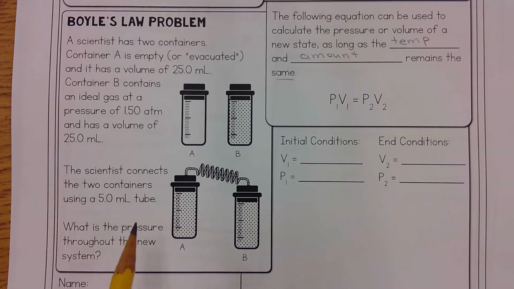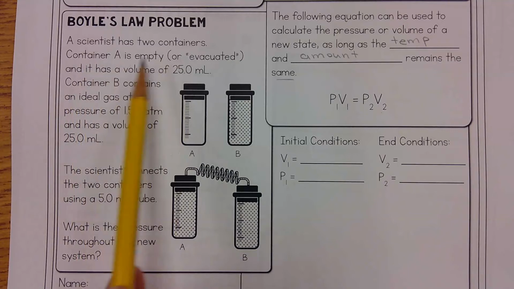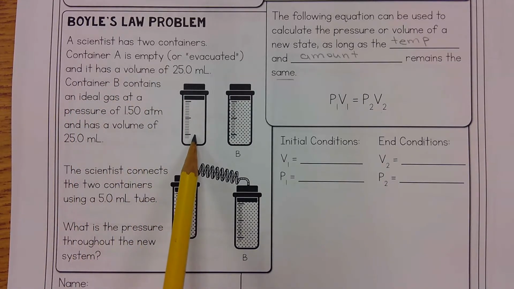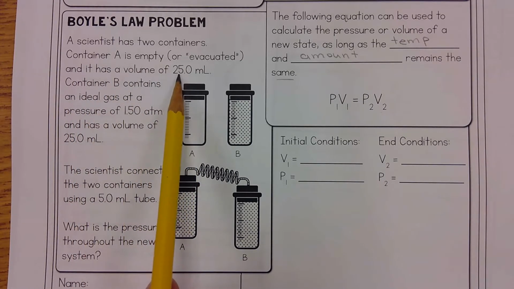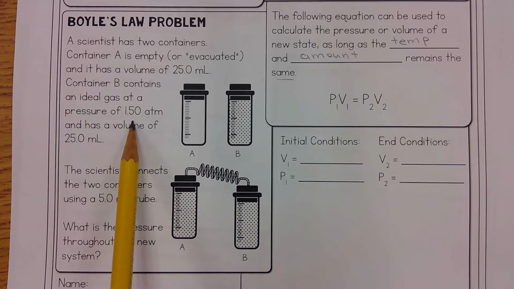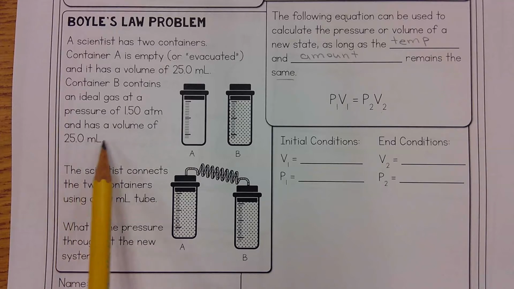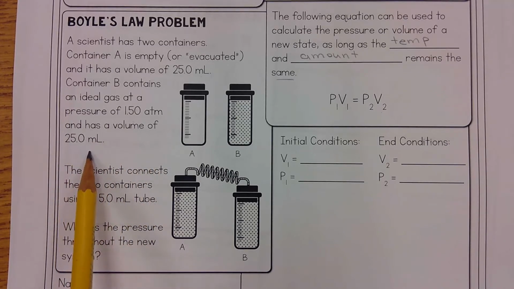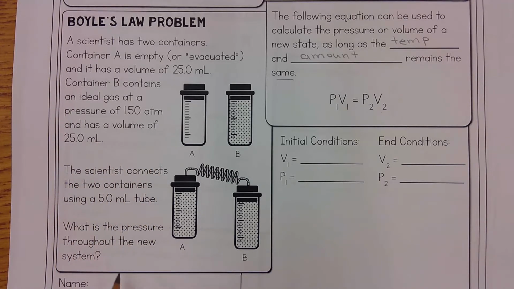Let's do an example. Here we have a scientist with 2 containers. Container A is empty and has a volume of 25 milliliters. Container B contains a gas at a pressure of 1.5 atmospheres and has a volume of 25 milliliters. The scientist connects the 2 containers using a 5 milliliter tube.